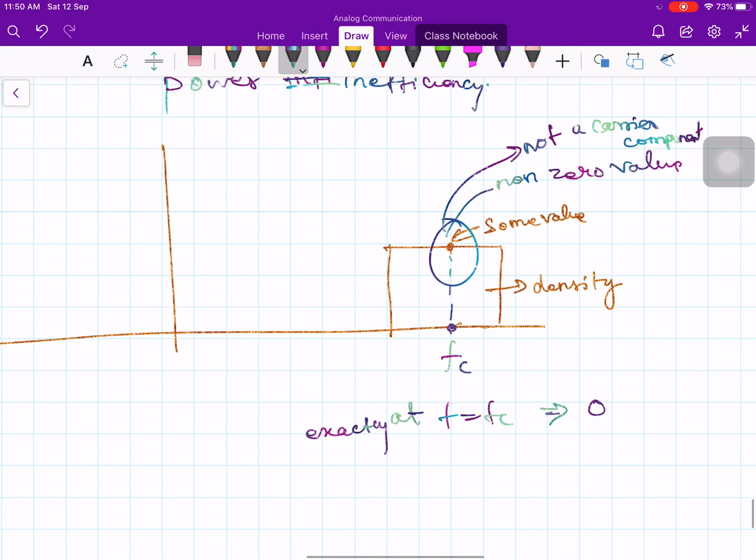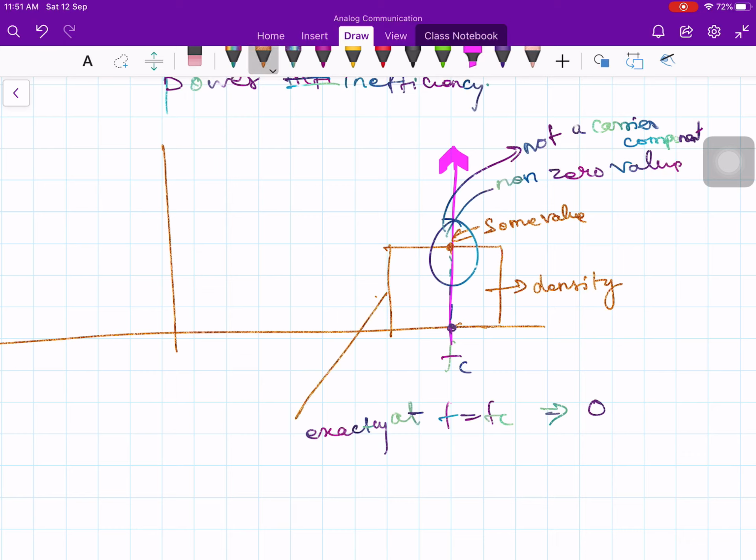What does a density function mean? What does an impulse in the density function mean? Suppose I put an impulse function like this, then it has value. When we have an impulse in the density function, that means we have a localized component at that frequency.